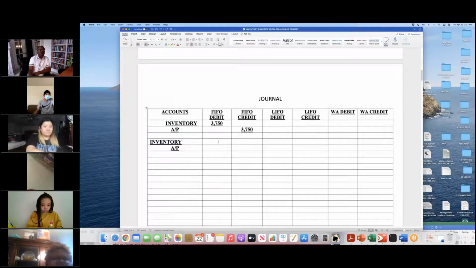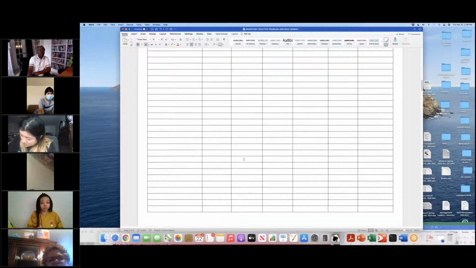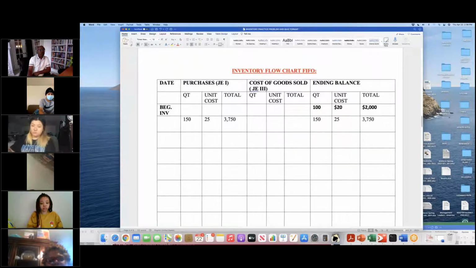But our amount's going to be what? 3,000. Yes. So then we come to the inventory chart again, and we put in 100 at 30.